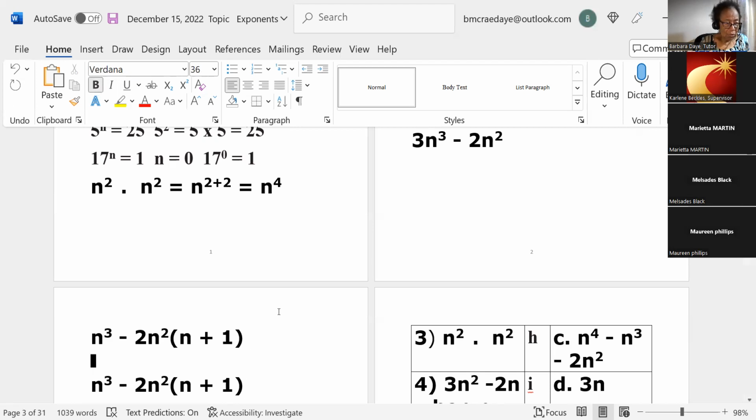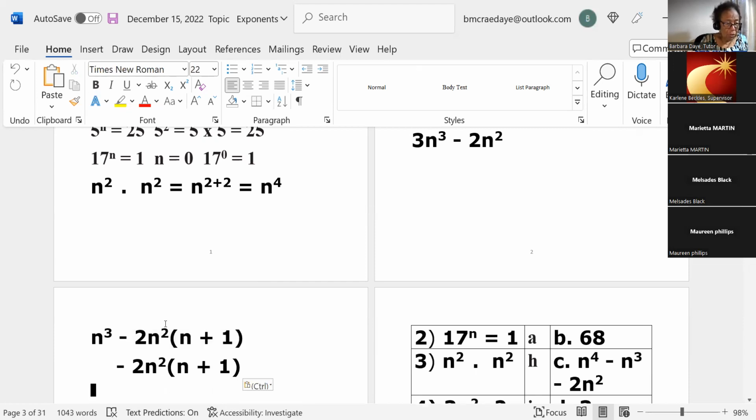Okay, let me just do this. I'll just copy what I want you to do. So I want you to multiply. Let me put the sign there because you need to carry this sign with it. Now, 2n to the second times n.